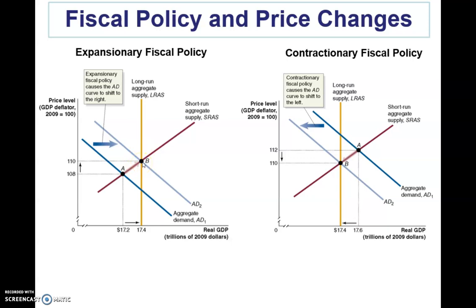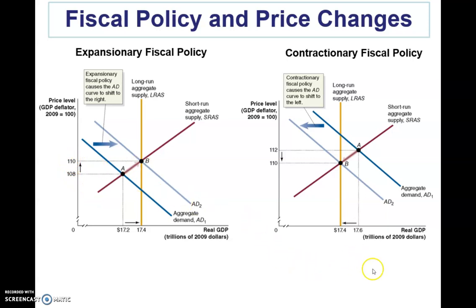That's the goal. What are the effects? Well, we see an increase in GDP, which means we come out of the recession, but we also see an increase in prices. So there's a trade-off here. Expansionary fiscal policy will help us recover from the recession, but it leads to inflation.